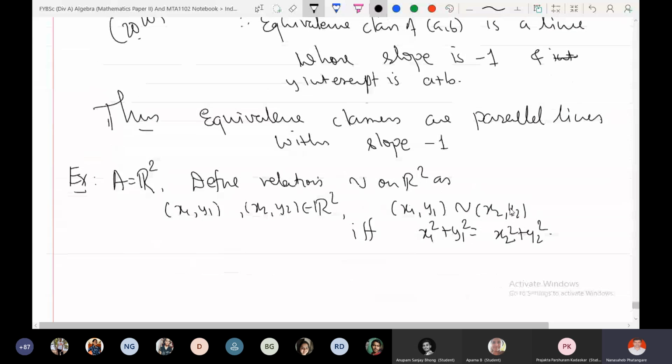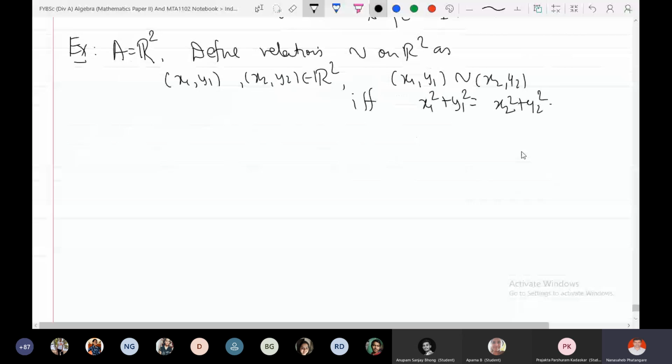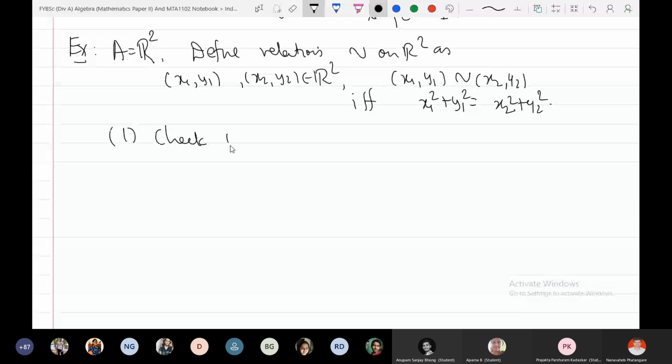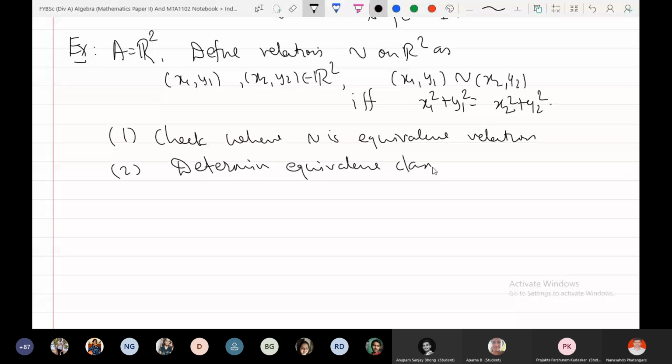Now work out all the previous exercises, exactly the same in a similar manner. Check whether this is an equivalence relation, and determine all the equivalence classes.